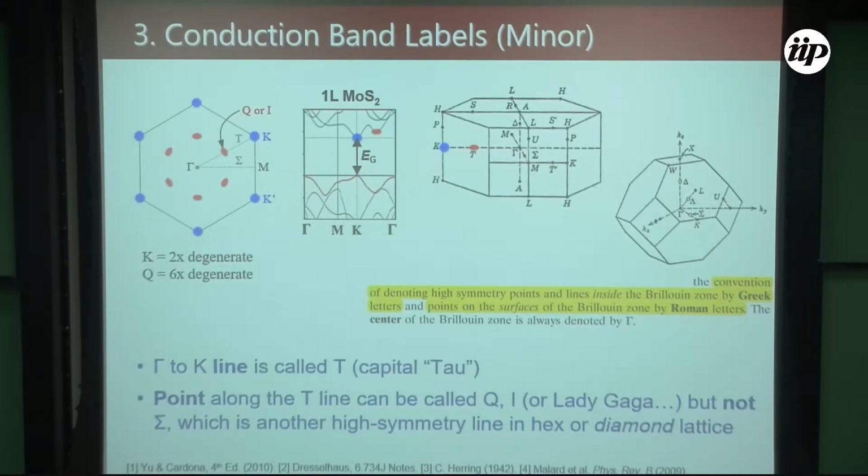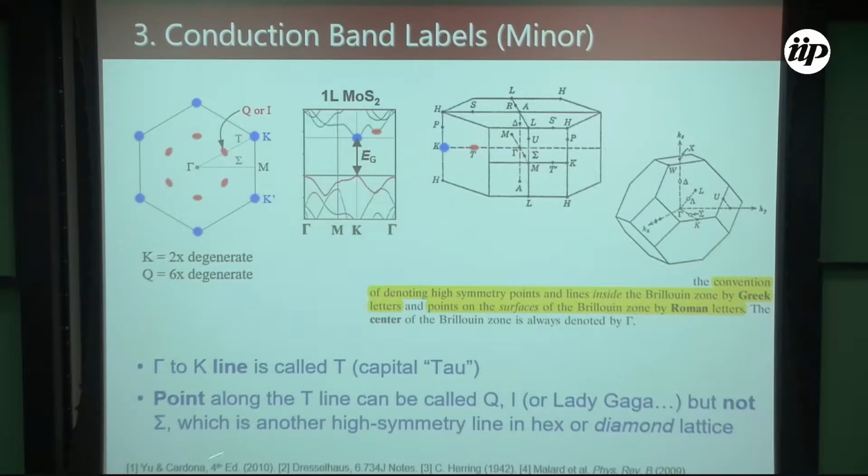But I'll say it anyway, because if you go back to Ewan Cardona's book, Dresselhaus's, and even Conyers Herring's work from 1942, the labels for the Brillouin zone, there's actually a convention for these things, and I think we screwed them up somewhere along the way. And, by the way, I've exchanged emails with Marcos Pimenta about this as well. And he explained to me a few of these things, so maybe I'm still getting it wrong, but I'll say what I think is right.